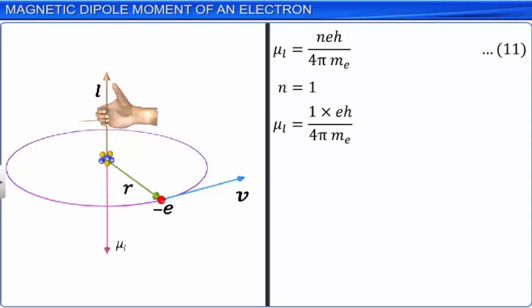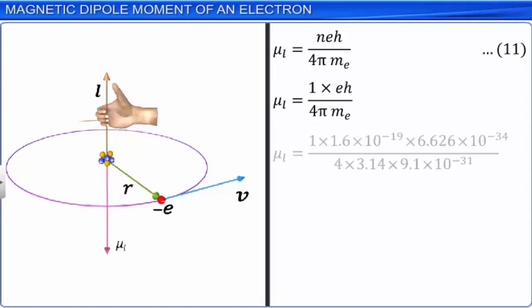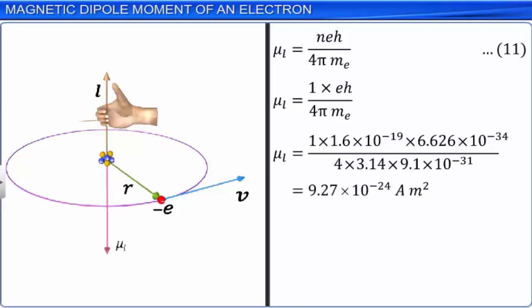By substituting all the standard values of the constants in the equation and simplifying, we get the magnetic moment as 9.27 × 10^-24 ampere meter square. This value is called Bohr magneton. This is also referred to as the spin magnetic moment.